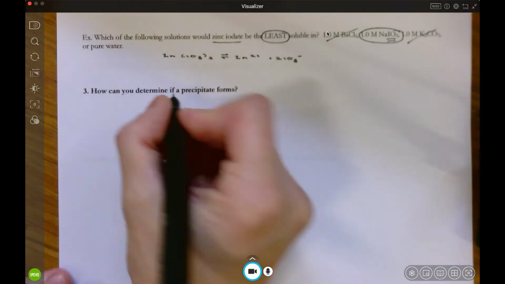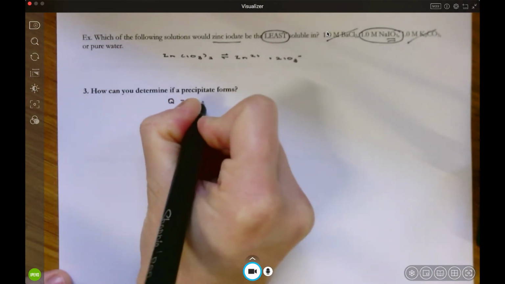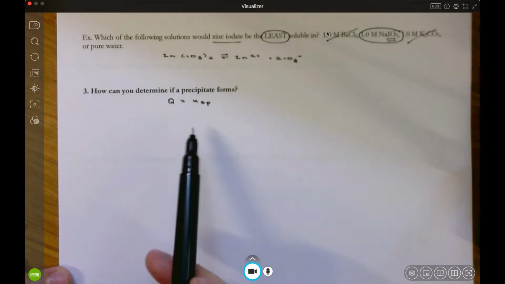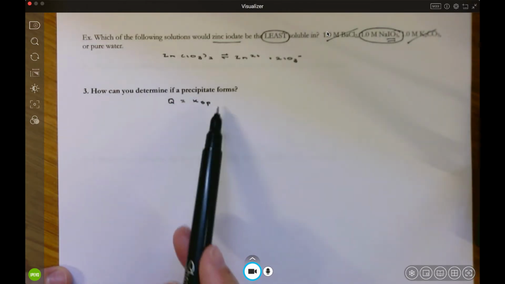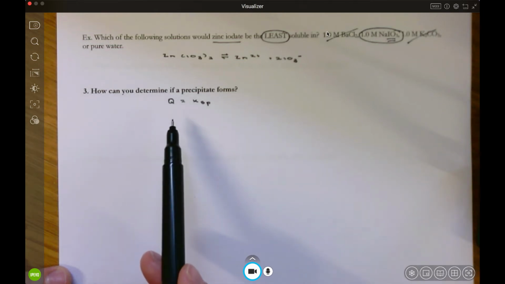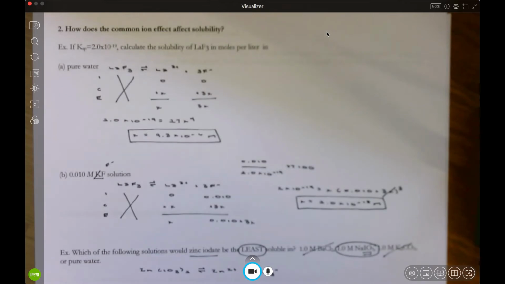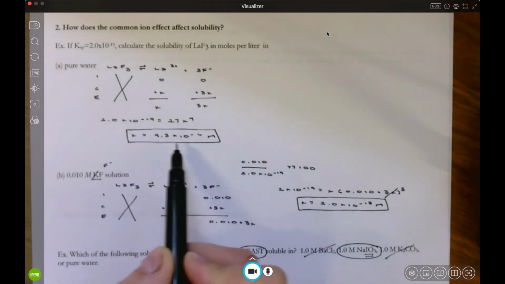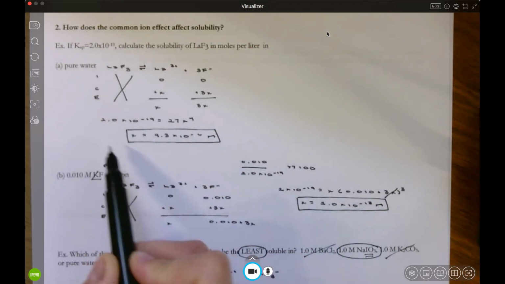If Q equals your KSP, that tells you that you have a saturated solution, meaning it is in equilibrium. You're not going to form a precipitate. Already the maximum number of ions that could dissolve have dissolved. So in this case, for LaF3, for example, I have my Q equals my KSP, and I have the maximum amount of ions dissolved.